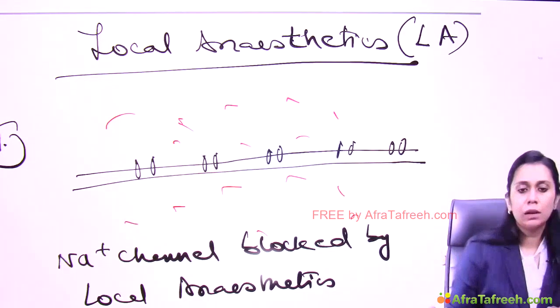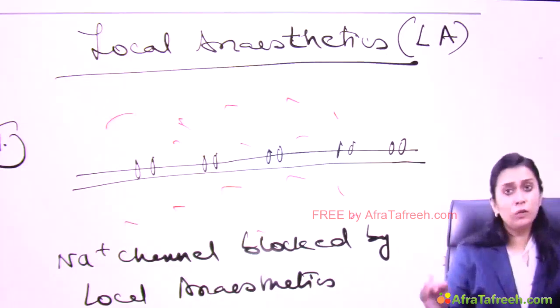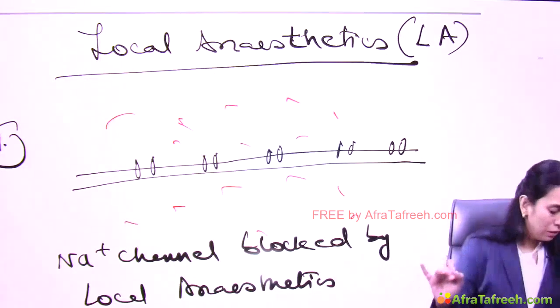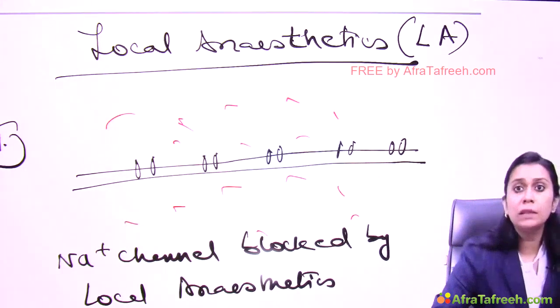Okay. Now guys, apart from the sodium channel, which is primarily blocked, what happens? Local anesthetic binds to this sodium channel, stops the depolarization, and prevents the propagation of nerve impulse. Got it?